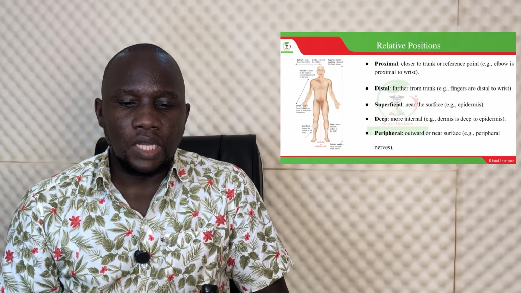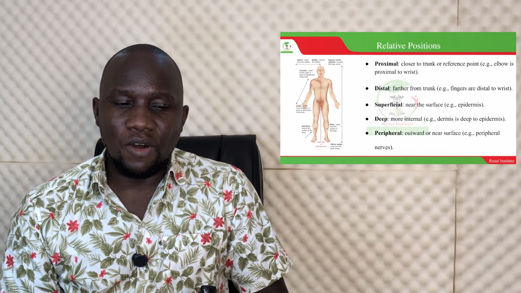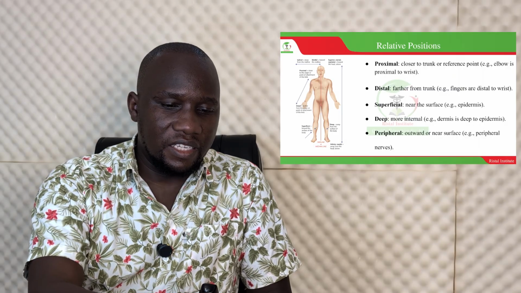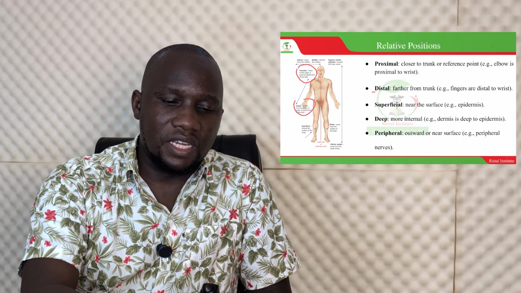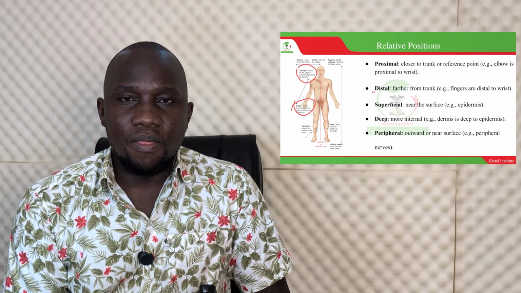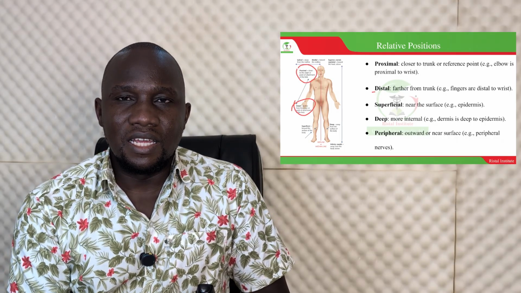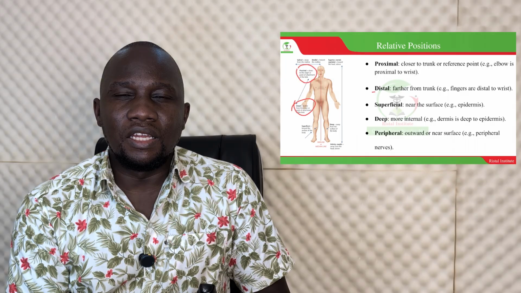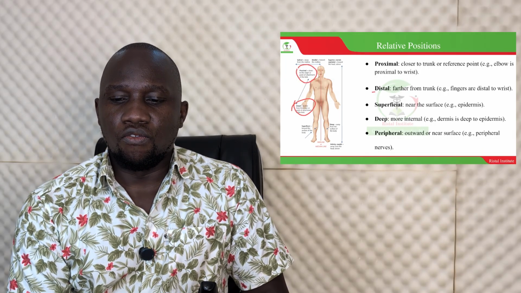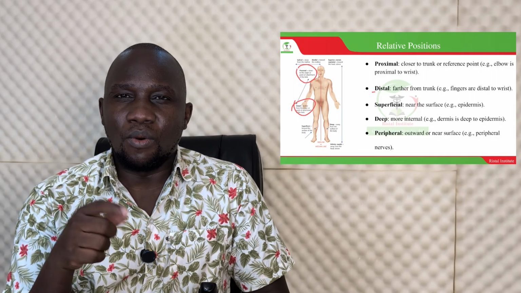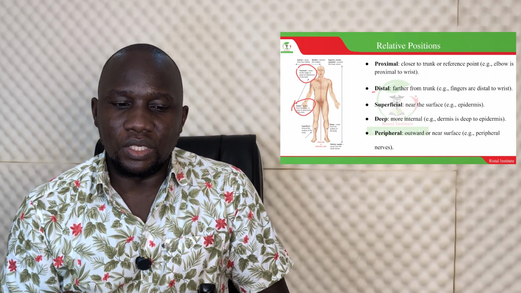Okay, proximal. The word proximal, you can see it here, and we are describing it together with the word distal. Here, we are basically emphasizing the location of a particular part in relation to the reference point.